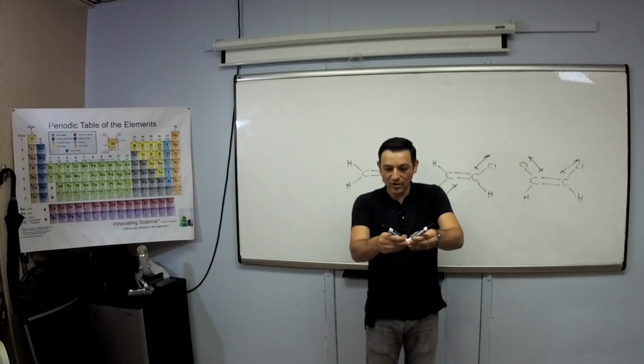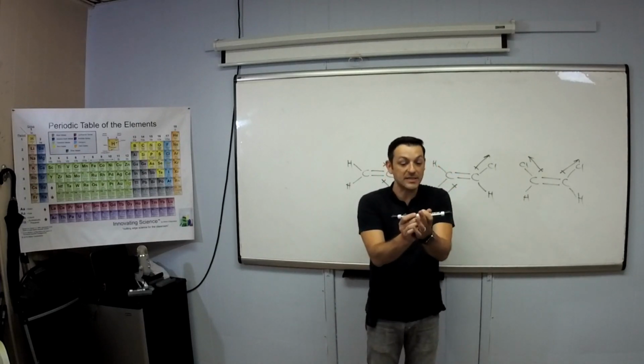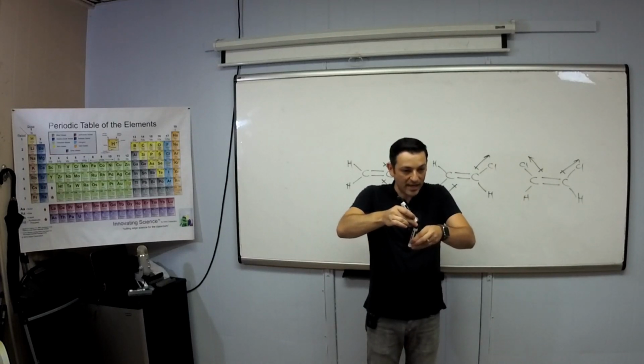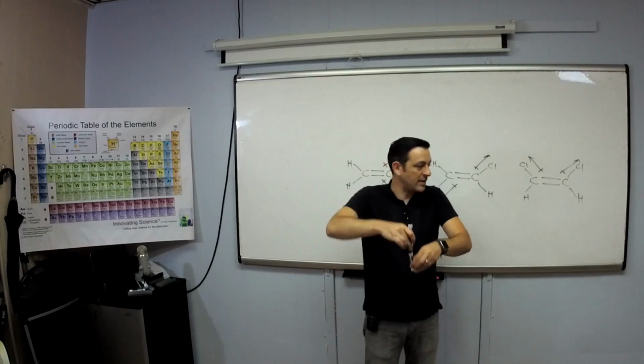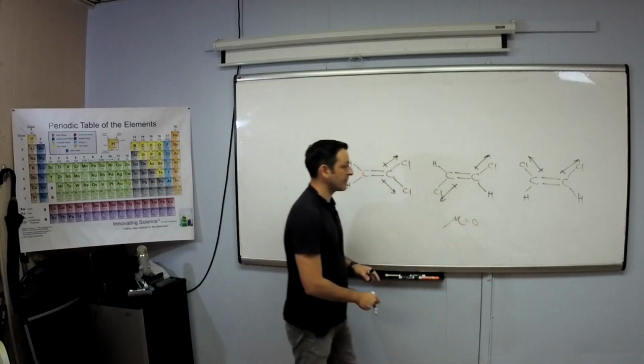If there's two vectors, they're 180 and they're the same size, they cancel completely. And if there's any angle between them, they add to some amount. The less of an angle between them, the more they add, right? So this cancels out completely. This dipole moment is 0.